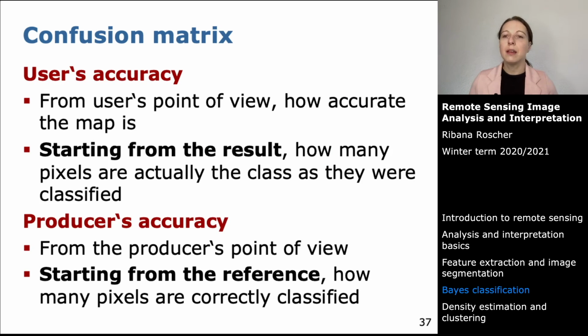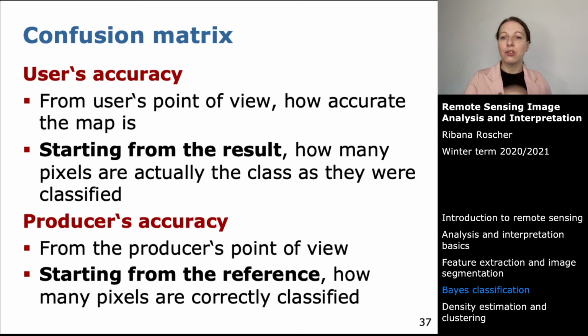So in remote sensing, we quite often talk about user's accuracy and producer's accuracy. And these two terms refer to nothing else than the sums which I showed you on the last slide. That means when you sum over the rows or when you sum over the columns. But let's have a closer look at what it actually means. When we talk about user's accuracy, it means from a user's point of view, how accurate the derived classification result is.